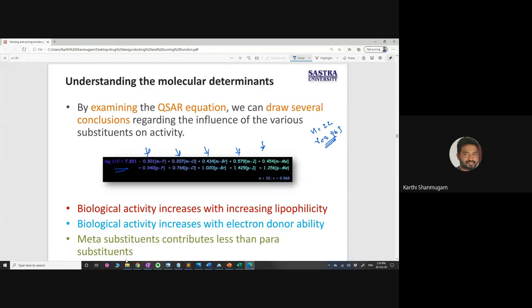In that way, these are the various functional groups. Can you tell what is the coefficient of this functional group? F at meta position, Cl at meta position, Br at meta position. We have some coefficient values like 0.301, 0.207, 0.434. Any idea what the value is?